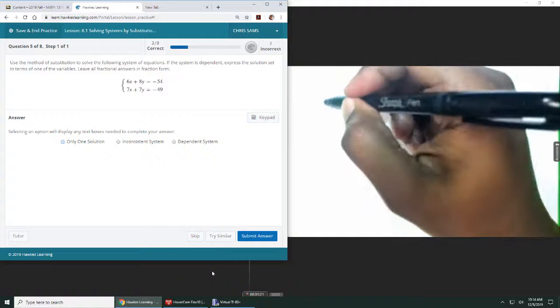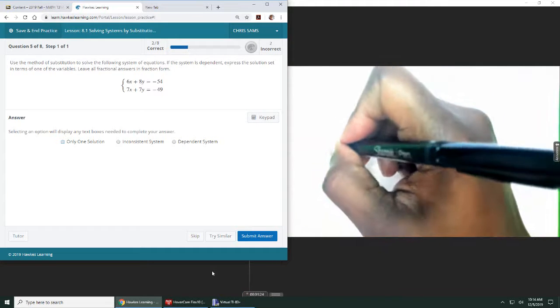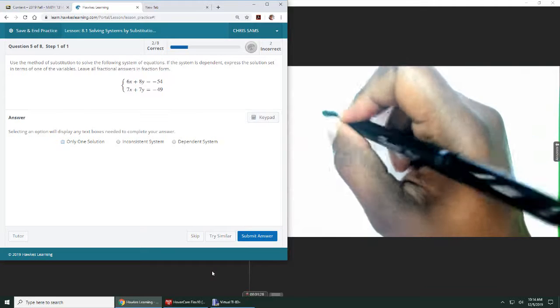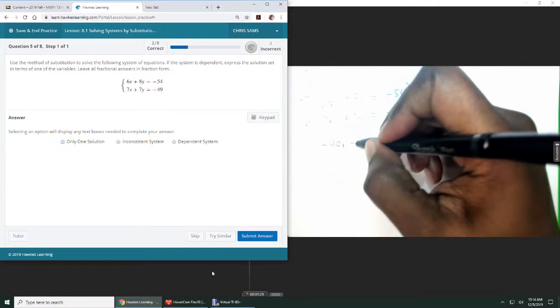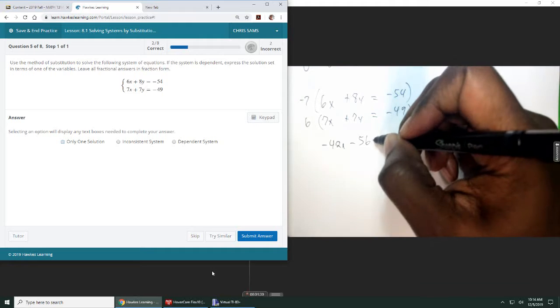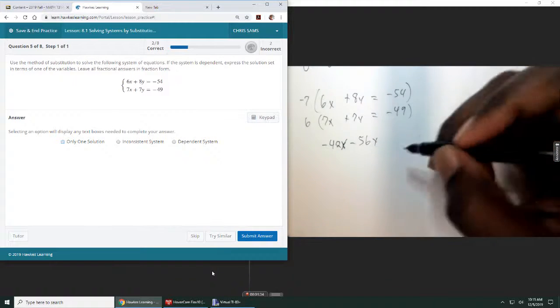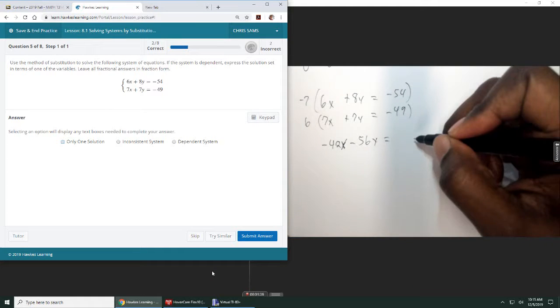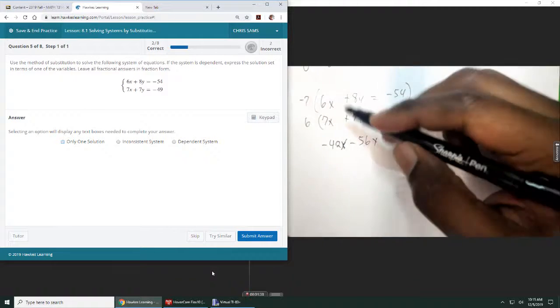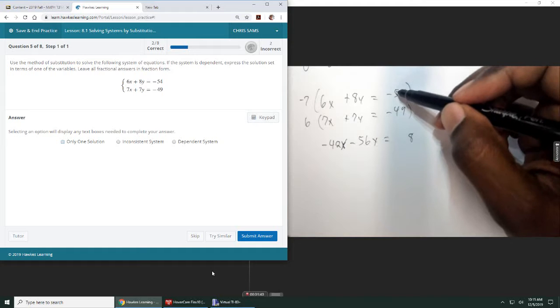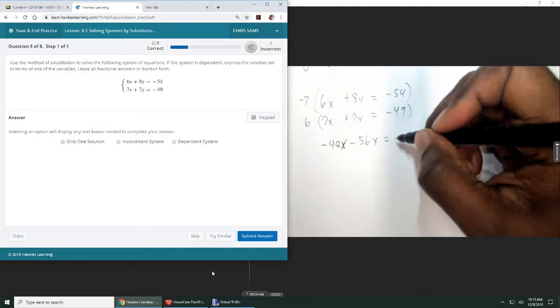So negative 7 times 6 will give us a negative 42x. Negative 7 times 8 will give us a negative 56y. And then negative 7 times negative 54 is going to be a positive 378.